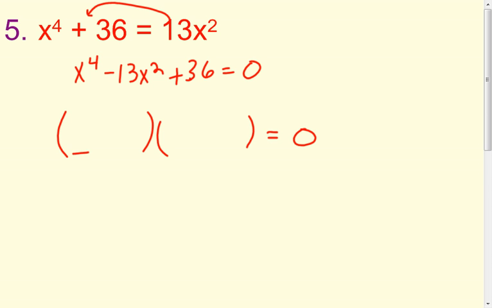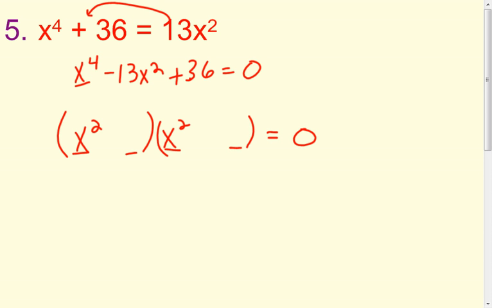So your two fronts right here have to make x to the 4th. So that's just going to be x squared and x squared, okay? And then your two backs right here have to multiply to make 36, which could be 1 and 36, 2 and 18, 3 and 12, 6 and 6, 9 and 4. All of those would work.